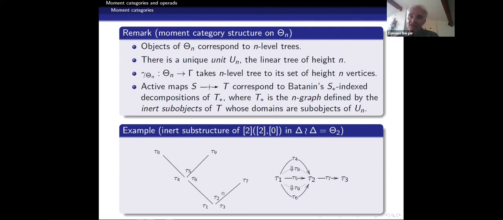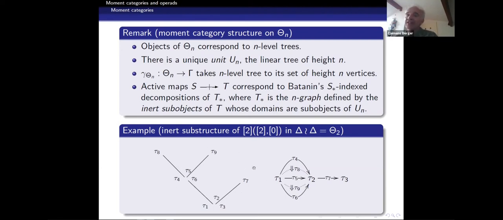You have 2 edges here, and then the cardinality is 2. So you have to give 2 other ordinals, which you put above the vertices. I take as first ordinal 2 here, so I have to put 2 edges above it, and 0 here, so I have to put nothing here. And so you see, you get a 2-level tree.